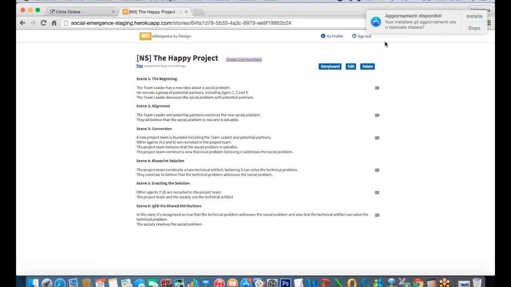So agents are recruited in the team, and the project team and the society start to use the technical artifact that has been constructed by the project, let's say. So in the end, everybody is happy. The initial hypotheses have been verified and so on.